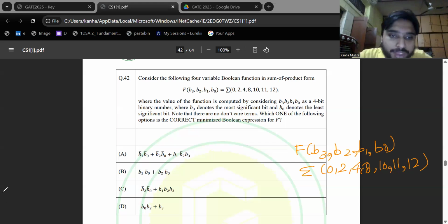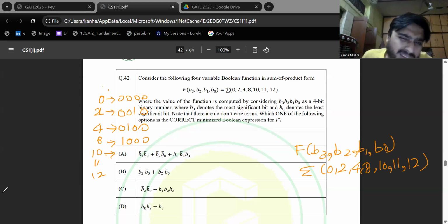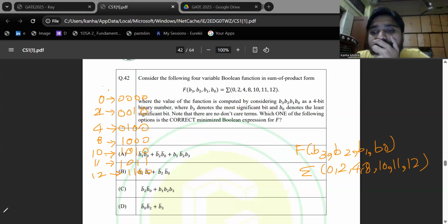Let's write all of them one by one. 0 is represented as 0, 0, 0, 0. 2 can be represented as 0, 0, 1, 0. 4 can be represented as 0, 1, 0, 0. 8 can be represented as 1, 0, 0, 0. 10 can be represented as 1, 0, 1, 0. 11 can be represented as 1, 0, 1, 1. 12 can be represented as 1, 1, 0, 0. So these are the binary formats of these in 4-bit format.